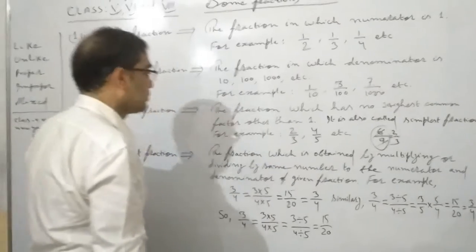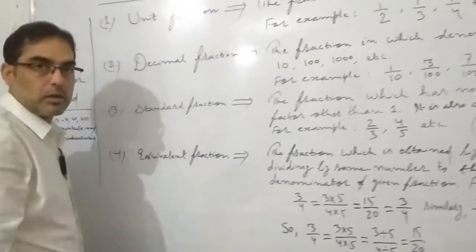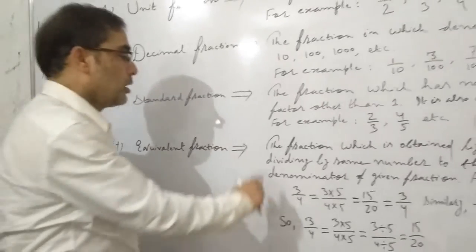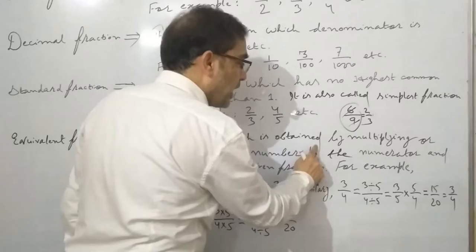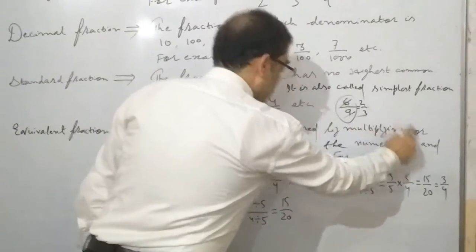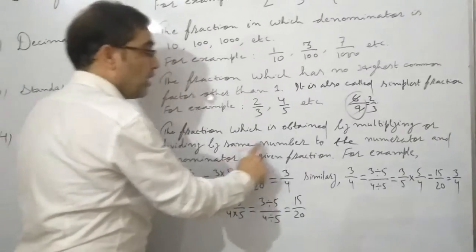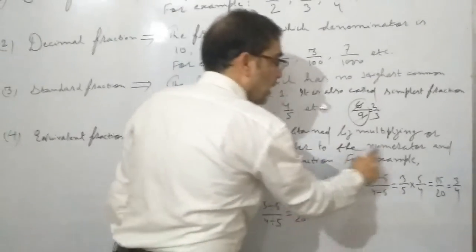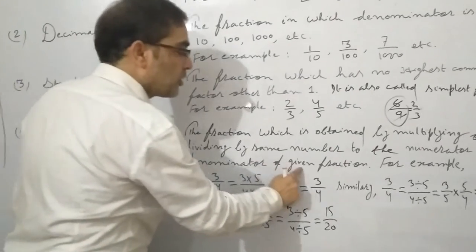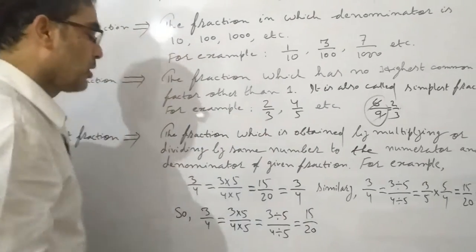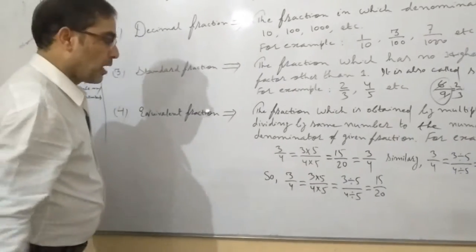And now equivalent fraction. Let's know equivalent fraction. The fraction which is obtained by multiplying or dividing the numerator and denominator of a given fraction by the same number. Here I make you understand by examples.